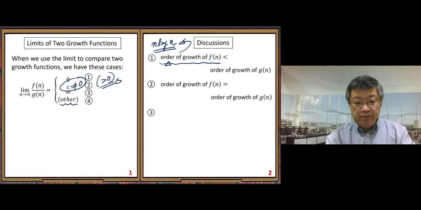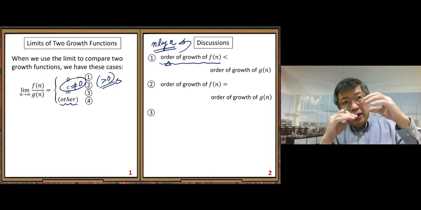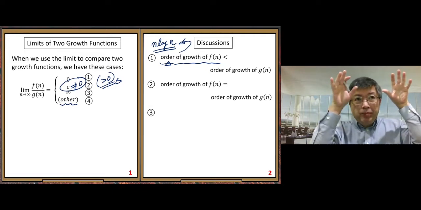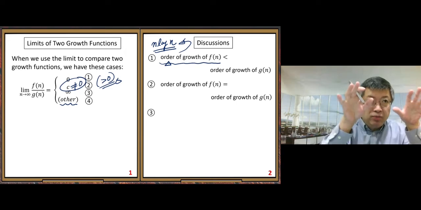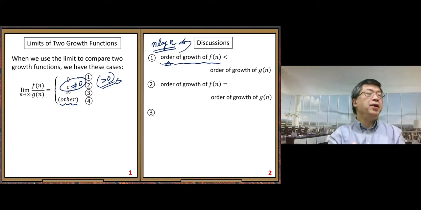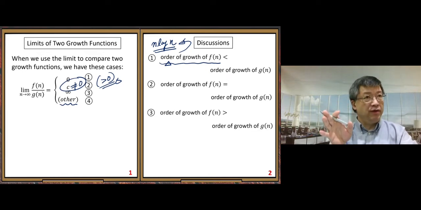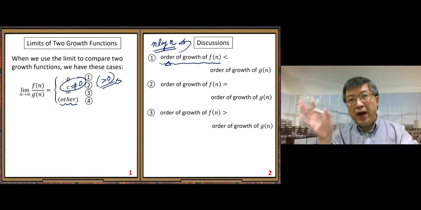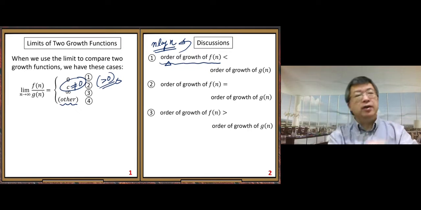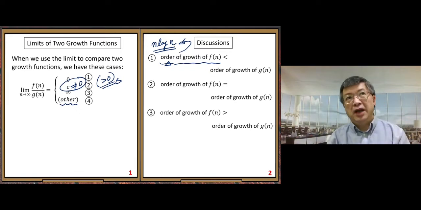Case 3, infinity. The numerator increases much, much faster than the denominator, so we say the numerator has a larger order of growth than that of the denominator. That's the first three cases.